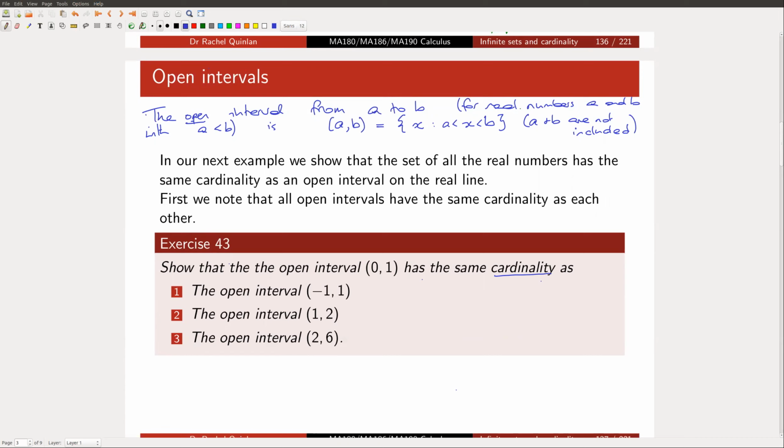So to see why this is true, well, the open interval from 0 to 1, I'll try to draw a picture. The open interval from 0 to 1 includes, so here's 0, here's 1.